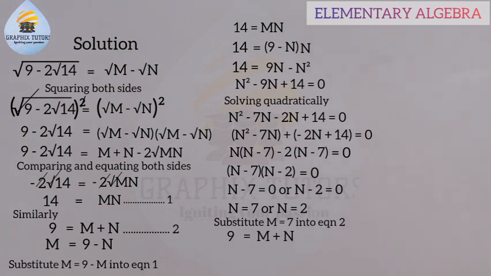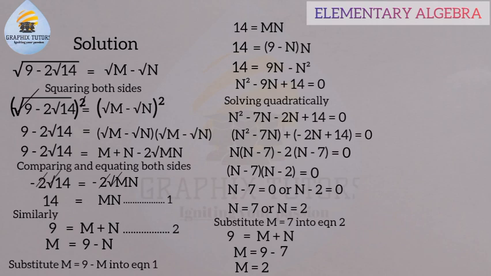So my m will now be equal to 9 minus, what's the value of n? That is 7. So we're having m equals what? 2, right? So my n is 7, my m is 2, or my n is 2, my m is 7, whichever one you want to choose.